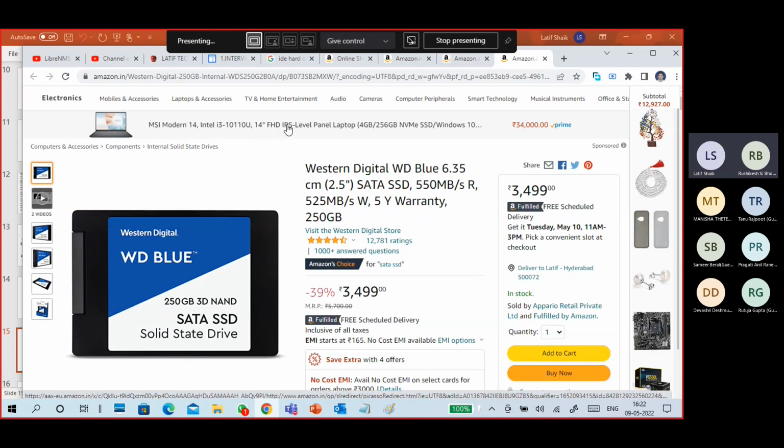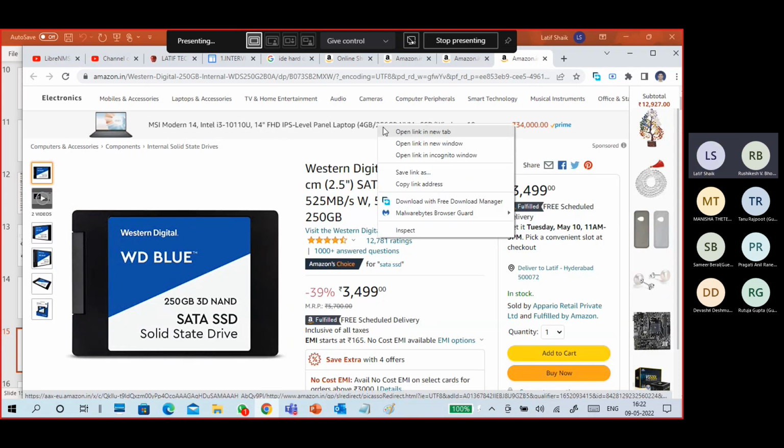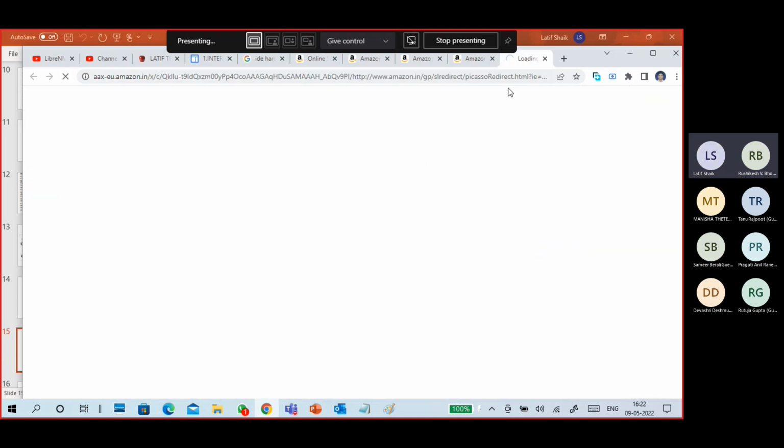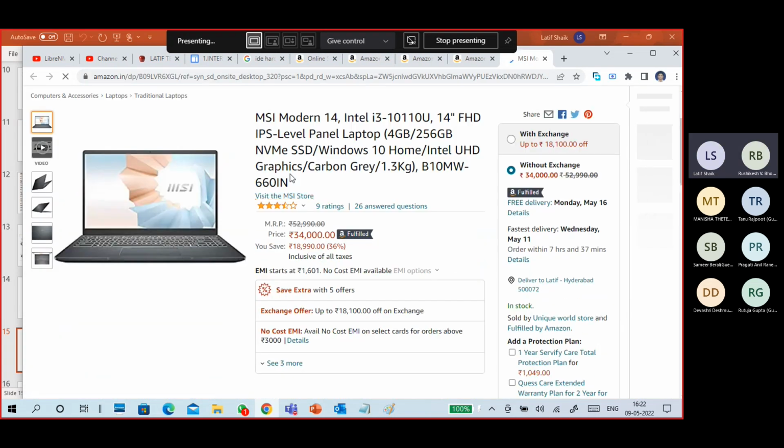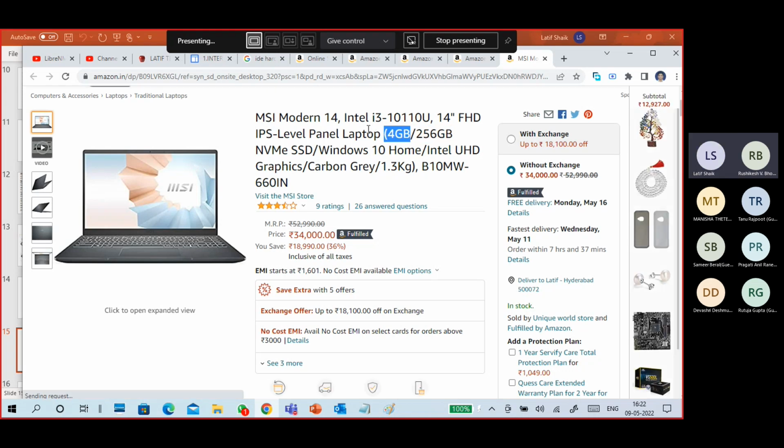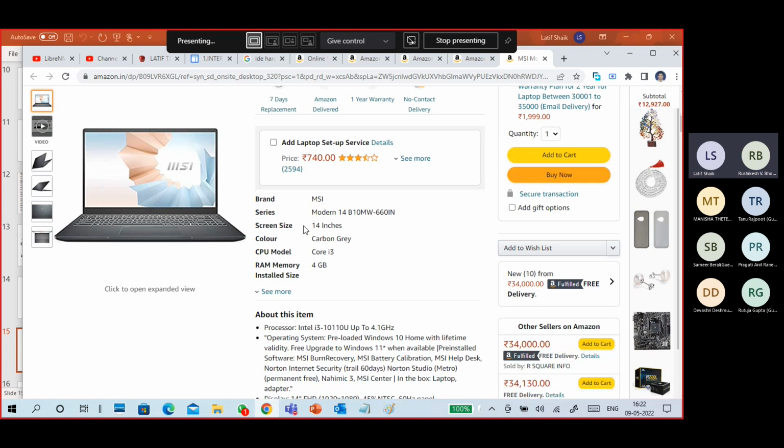MSI 10th generation, it is 34,000. We are looking at the price, but look at the storage, look at the RAM. The processor is okay, i3, i5, whatever processor it is, that is the second part. Storage is very less, and UHD graphics is again low level graphics. Now Iris Xe graphics have come.